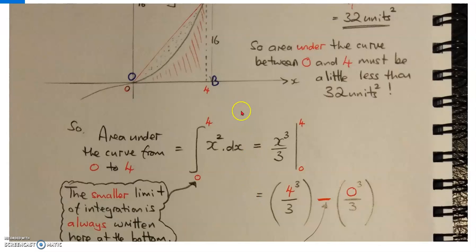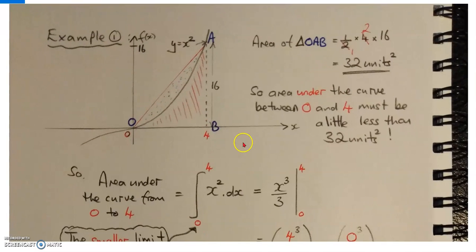If we go back to our diagram, we can see that if this red shaded area underneath the curve is 21 1/3 units in area, and we know that the full triangle is 32 units squared, when we take the 21 1/3 away from 32, we get this dotted area in between the straight line and the curve.